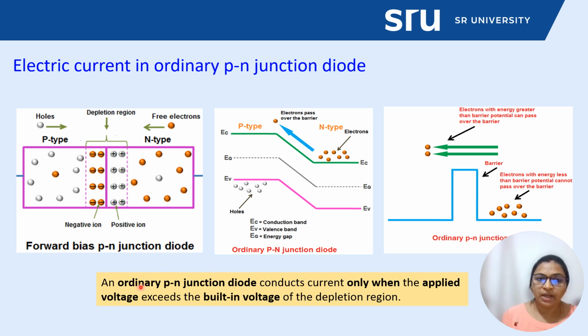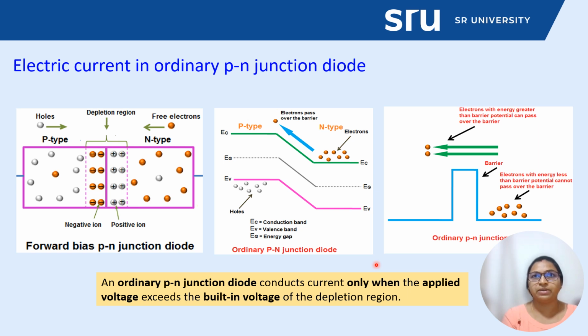So an ordinary junction diode conducts current only when the applied voltage exceeds the built-in voltage of the depletion region. If the applied voltage is greater than the built-in voltage in a normal PN junction diode, the electrons from the n side overcome the opposing force from the depletion layer and then enter the p side.